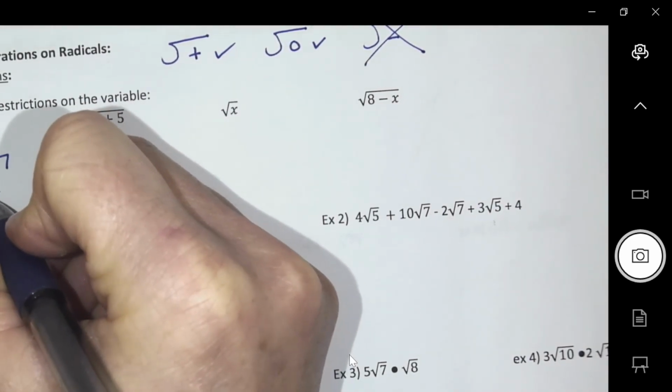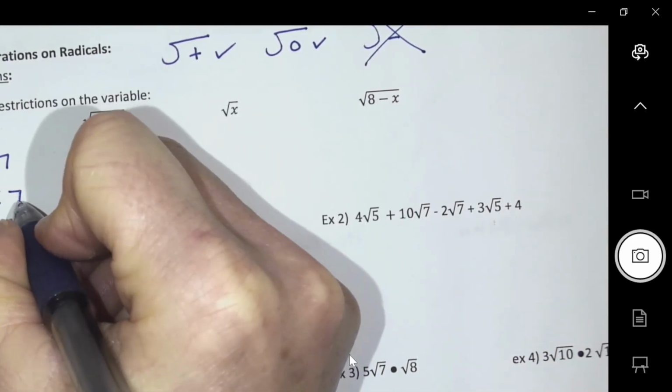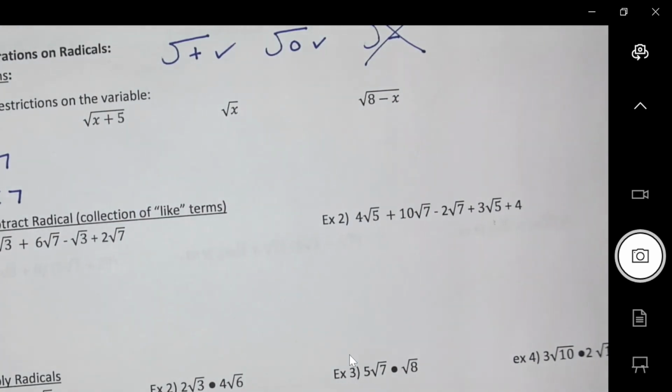X cannot be less than 7. That's the same meaning, right? I don't care how you write it. You can pick method 1 or method 2. So this is me saying I have to have x be bigger or equal to 7. And this is me saying x is not allowed to be less than 7.